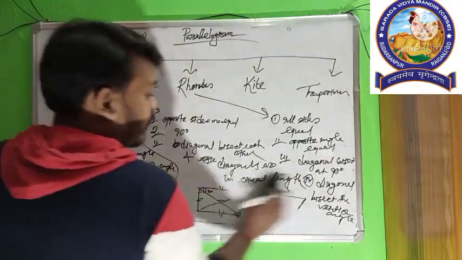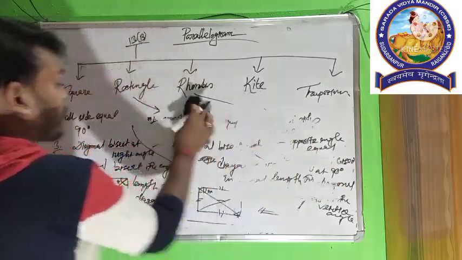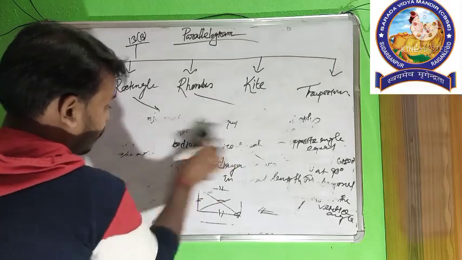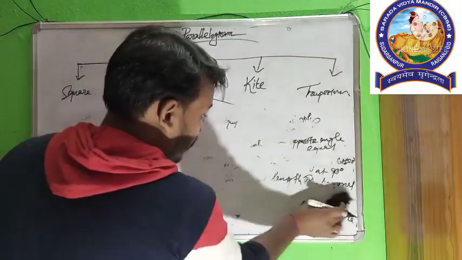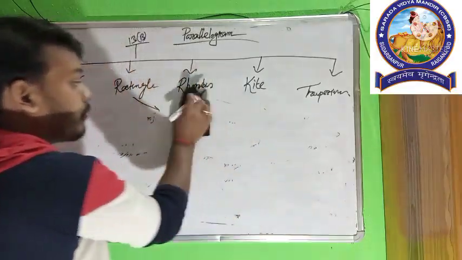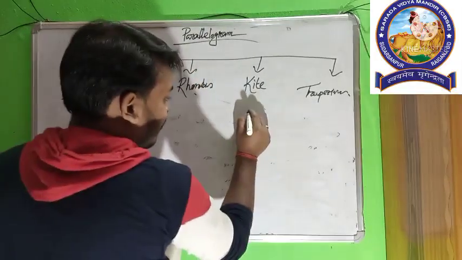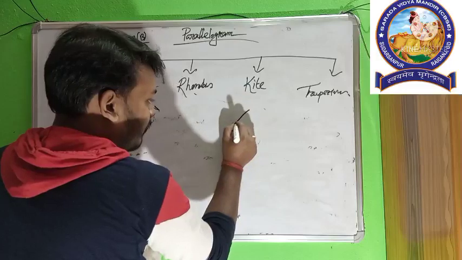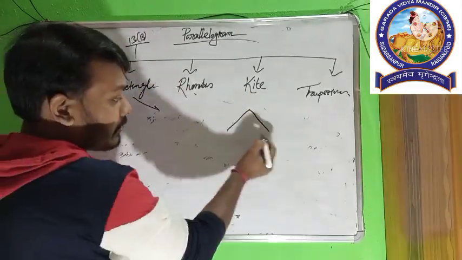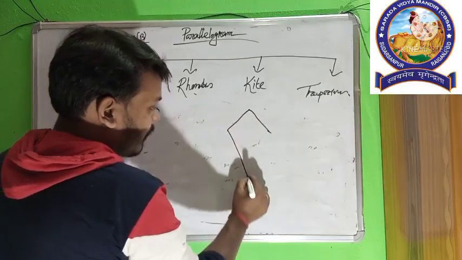Next, the kite. What is a kite? Both pairs of adjacent sides are equal. Adjacent sides share one common vertex, so one pair of adjacent sides is equal and another pair of adjacent sides is also equal.